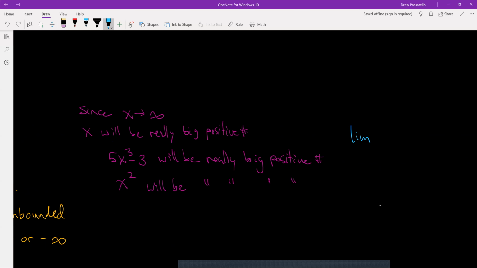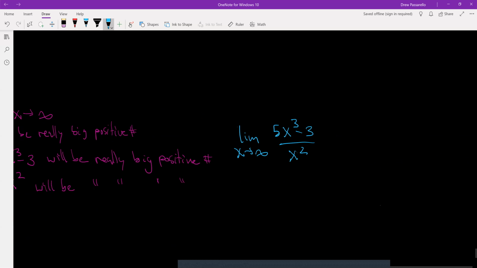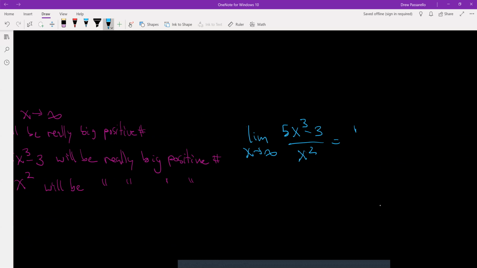So for the limit as x goes to infinity of 5x cubed minus 3 over x squared, the numerator is going to be a really big positive number, and the denominator is also going to be a big positive number. And it just keeps going bigger and bigger as x gets bigger. So that's going to result in a big positive number, which I'm just saying is infinity.